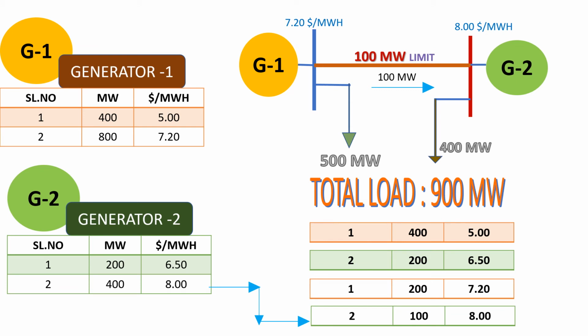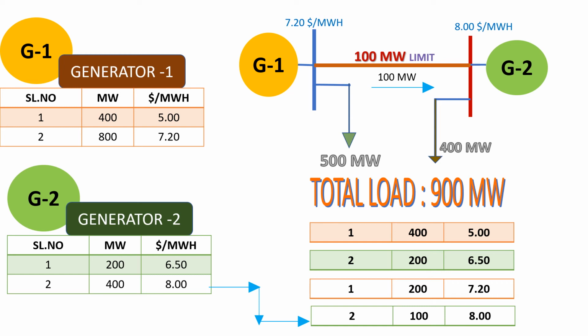Now let us see how the LMP varies when there is a limit on the transmission line. For the same system which I considered earlier, let us say that the transmission line which is carrying power from generator 1 to generator 2 is limited to 100 megawatts.